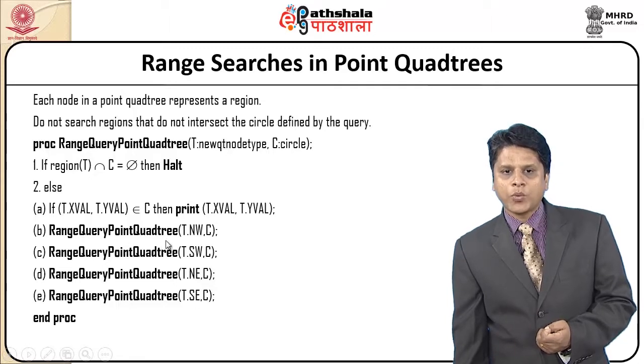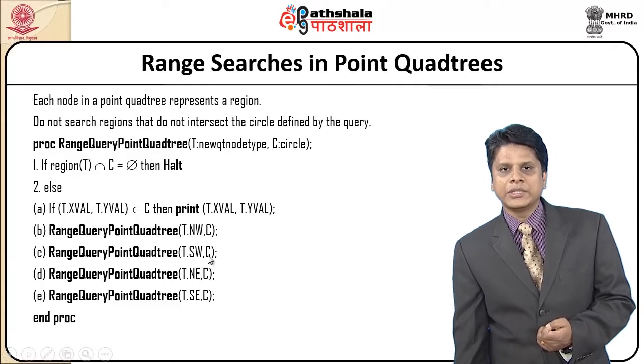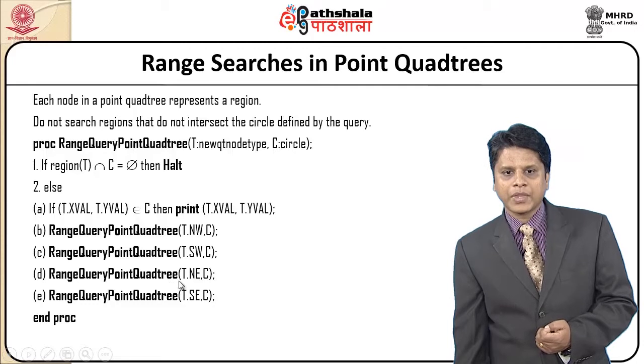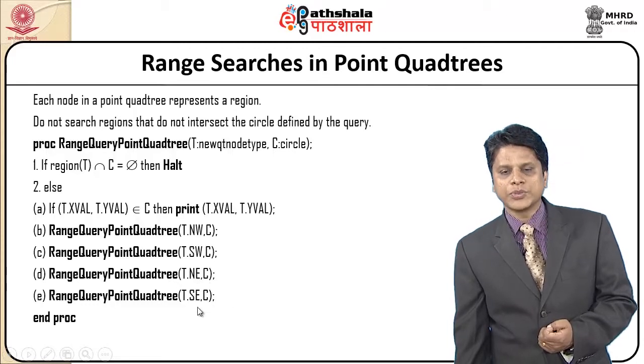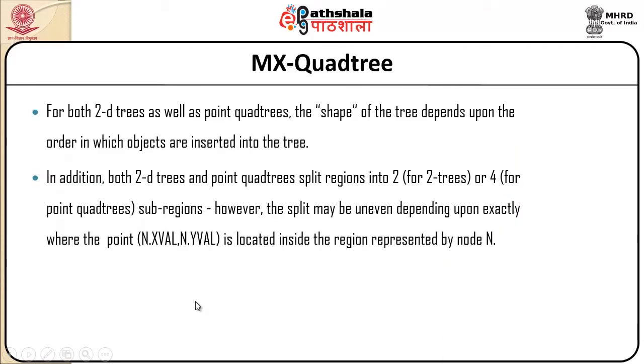Range query on the point quadtree is then called on T dot nw with the circle's radius, and likewise on the southwest, northeast and southeast with the circle. So, that shows the procedure of how a range search is done with point quadtrees.